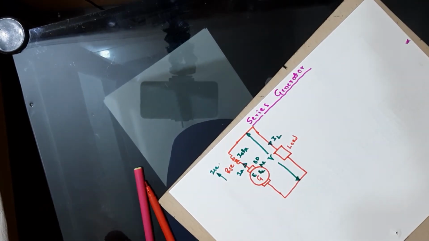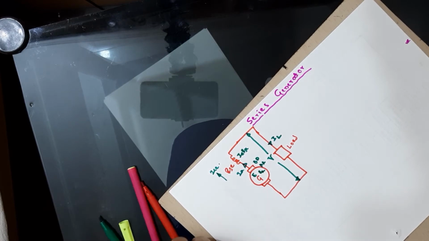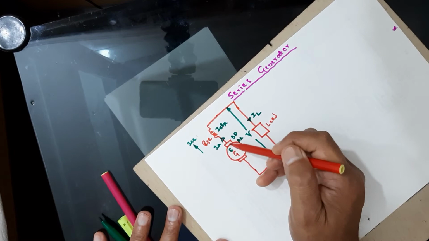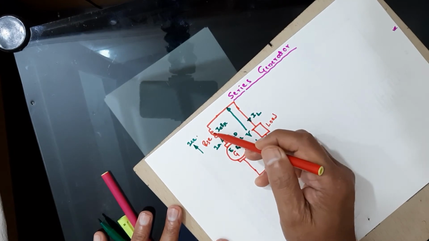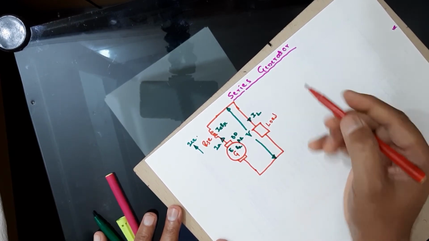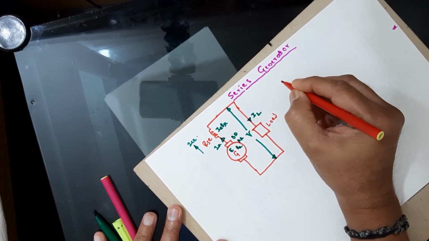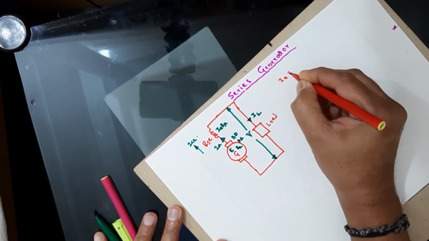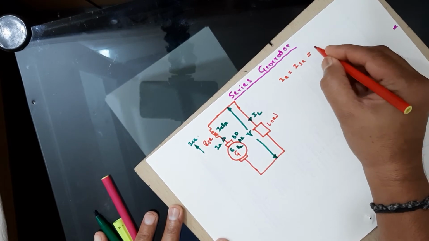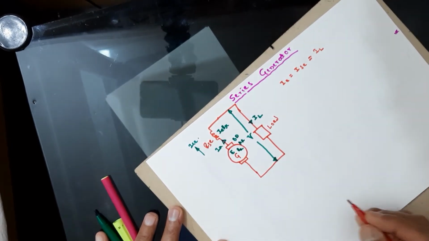The first thing to observe here is that the current delivered by the generator is IA. The same current flows in the series field and in the load also. Therefore, for a series generator, the armature current is equal to the series field current, which is equal to the load current.